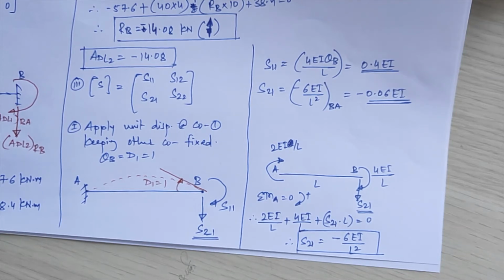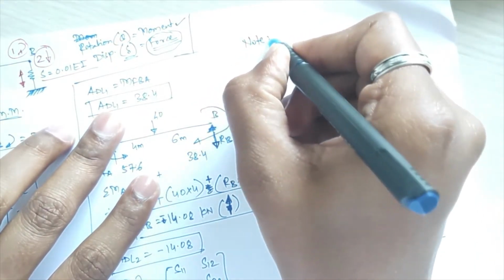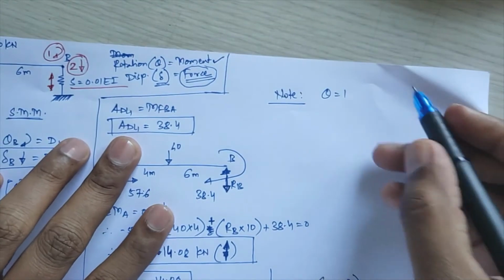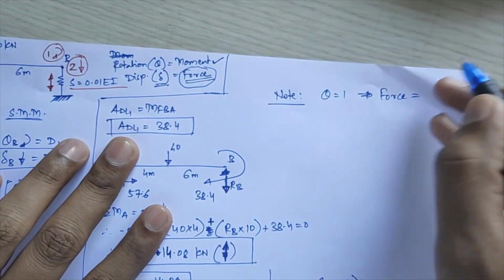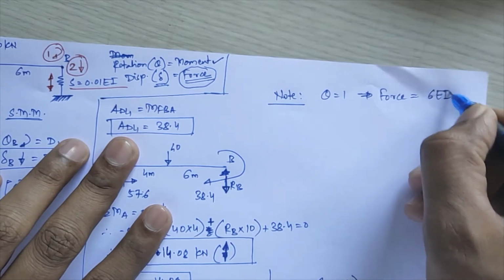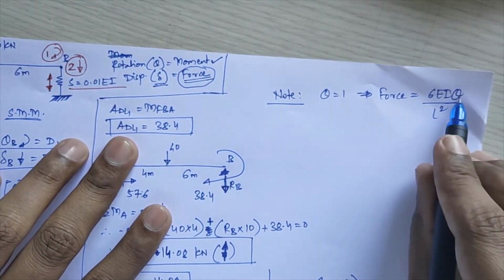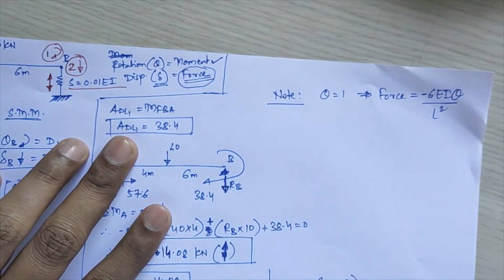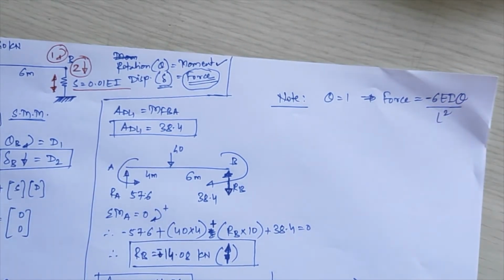Okay, so from this you can write one note. What note do you have to write? If you have theta equal to 1 and you are calculating the force value, that force value comes equal to 6EI theta upon L square, where theta is equal to 1, and mostly this value comes negative. So minus 6EI upon L square will be the value of that force.